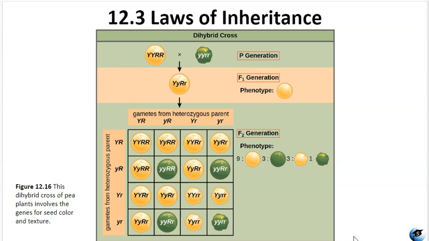Since both parents are homozygous, the law of segregation tells us that green wrinkled plants' gametes will be lowercase y, lowercase r, while yellow round plants' gametes will be uppercase Y, uppercase R. Therefore, all offspring in the F1 generation will be uppercase Y, lowercase y, uppercase R, lowercase r. So they're all going to be heterozygous for both traits.